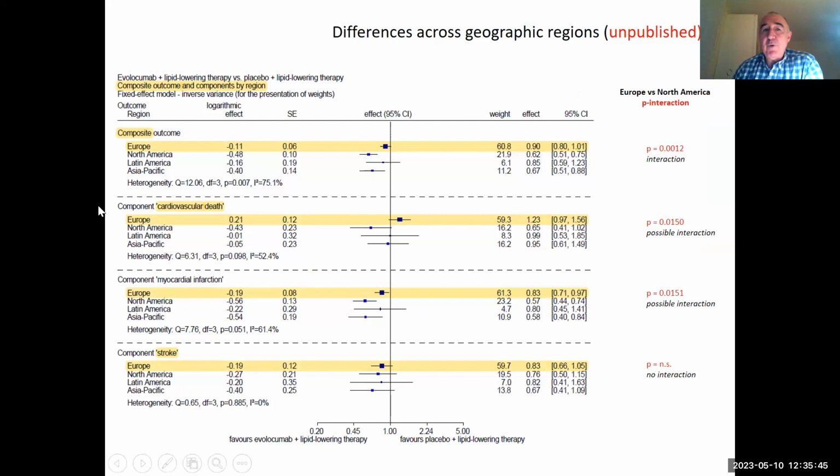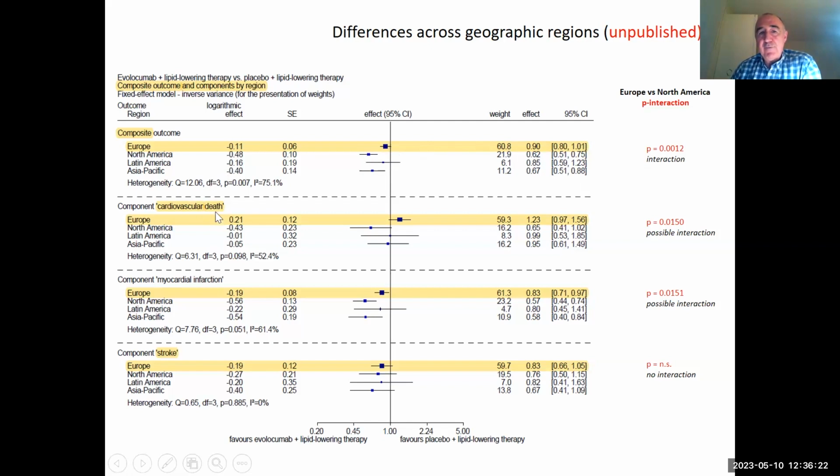If you compare Europe versus North America, in the composite outcome, that is the primary outcome, there was an important difference, which was statistically significant. In Europe, there was no benefit of the drug in the main outcome, no statistically significant differences. But in North America, it looks like the drug behaved in a very different way.